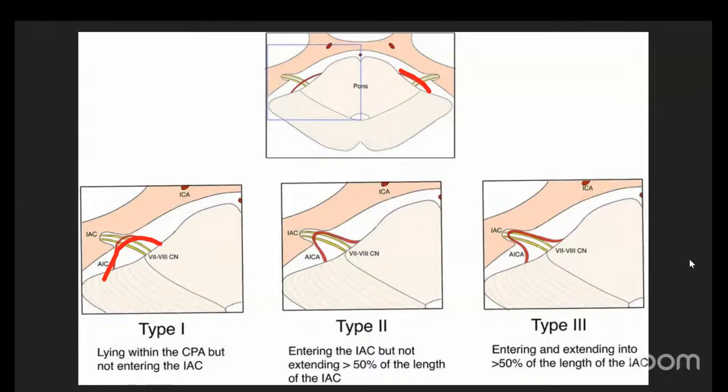When you look at type 2, you can see that this is entering inside the internal auditory canal. Let me mark the length of the canal. This is the length of the canal, assuming, for example, this is half. Then this stays within the first half. It does not extend beyond the first half of the length of the internal auditory canal. Is that clear?